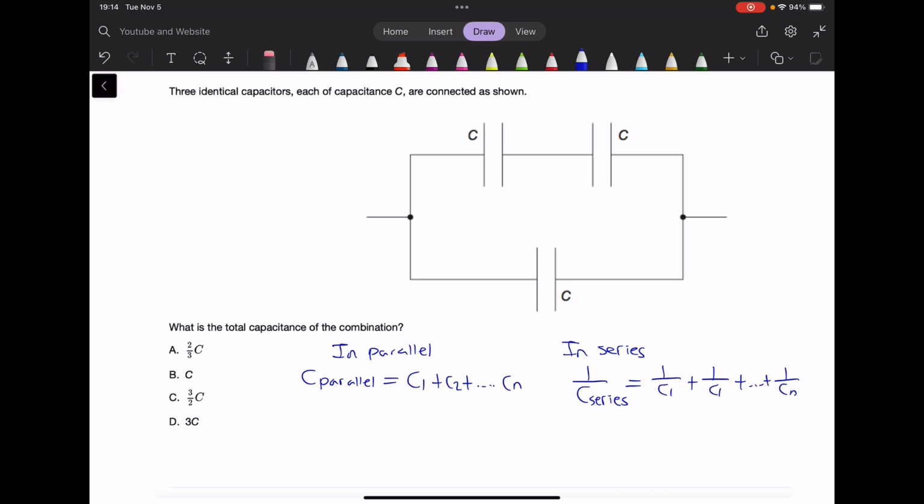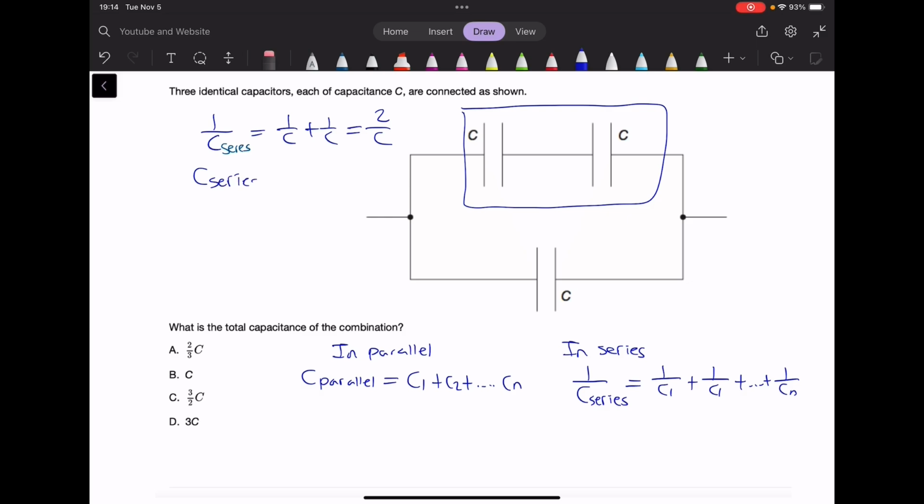For this problem, we have three capacitors. Those two capacitors are connected in series. So the total capacitance for those two capacitors, let me call it just C series, is equal to 1 over C plus 1 over C, which is equal to 2 over C. So the total capacitance is equal to C over 2.